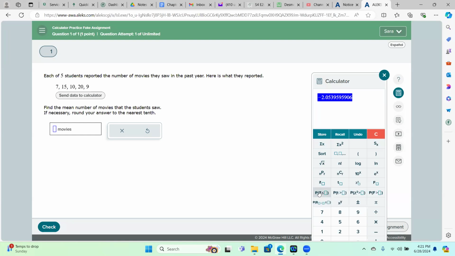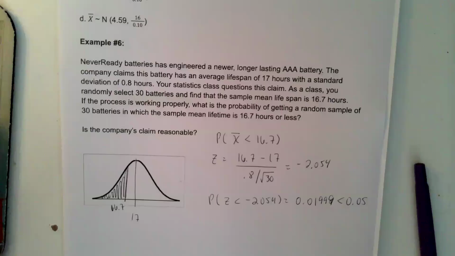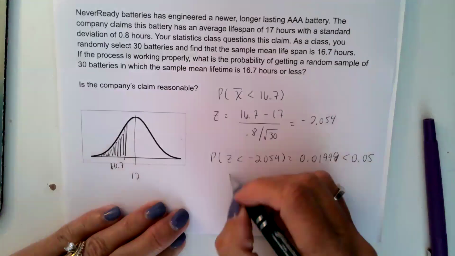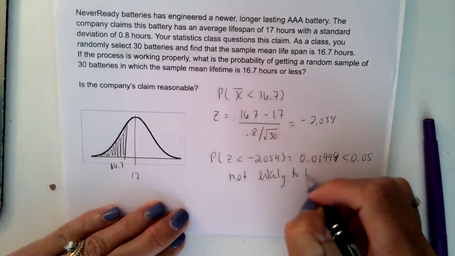So I can just hit the less than button and enter. And that likelihood is 0.01999, which is less than 5%. It's very small likelihood. So not likely to happen.